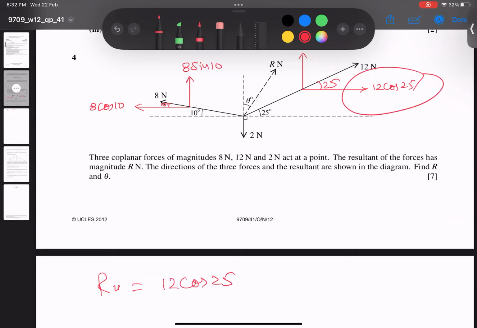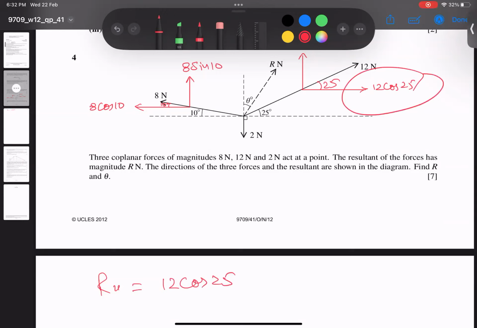But imagine R is given somewhere else, and by common sense Rx is acting leftwards. Then this is bigger and this is smaller, so I will write 8 cos 10 minus 12 cos 25. I believe all of you understood what I am saying. The point is very clear.